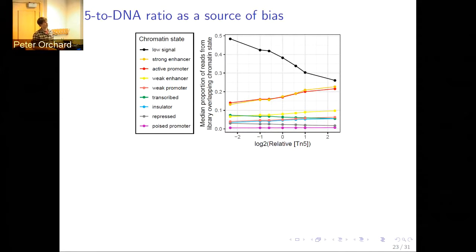If you just quantify where in the genome reads are landing, you again see some interesting patterns. Because people who do ATAC-seq are usually looking for these genomic regulatory elements, these regions of open chromatin, which tend to signify enhancers or promoters, so that's the orange or the red line.